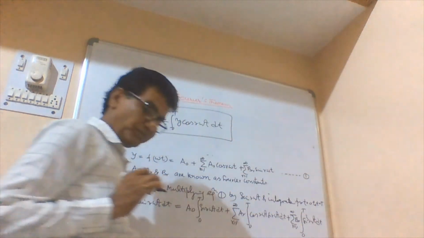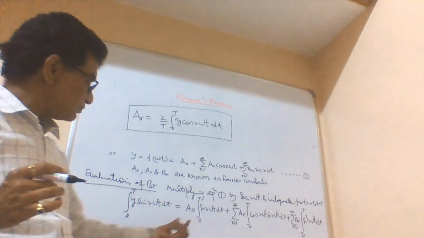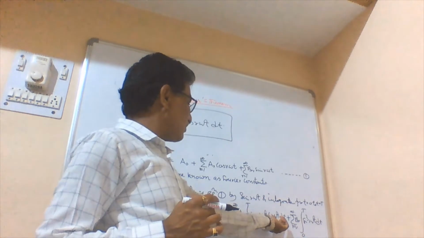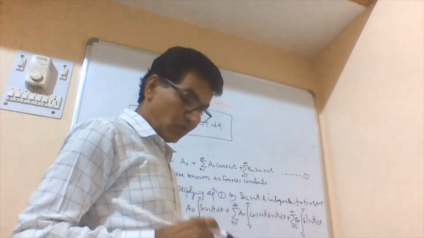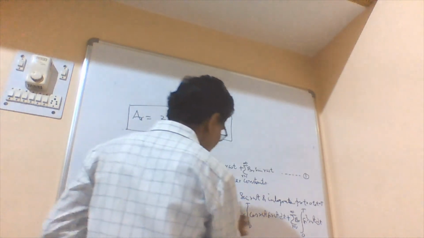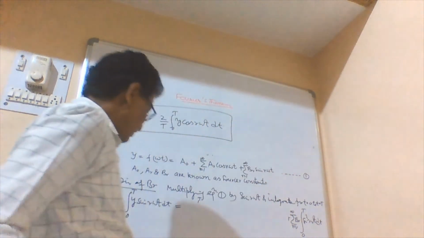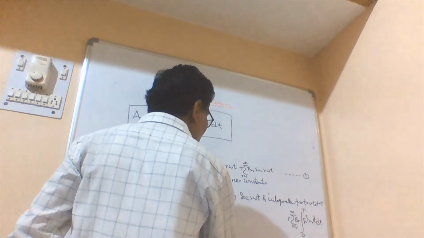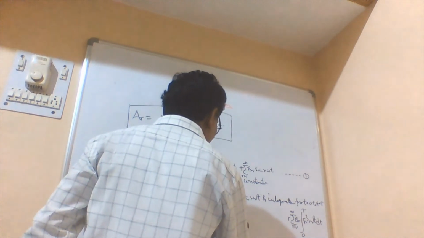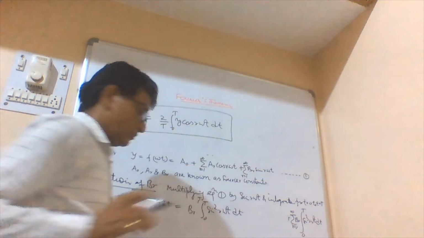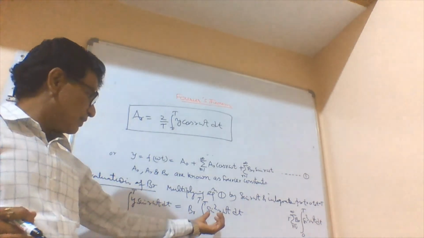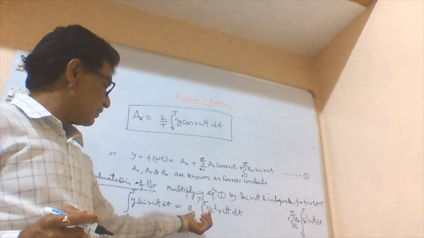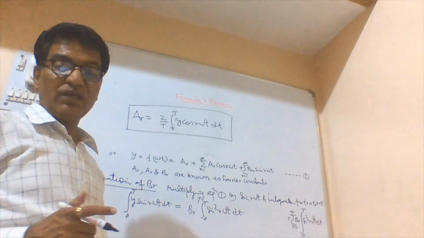This one. So once again we have integral 0 to T of cos rωt sin rωt, and this is also 0. So this is equal to br times integral 0 to T of sin square rωt dt. Now we have to solve the integral of sin square rωt. For this, again we multiply and divide by 2 and convert it into the form of cos 2θ.